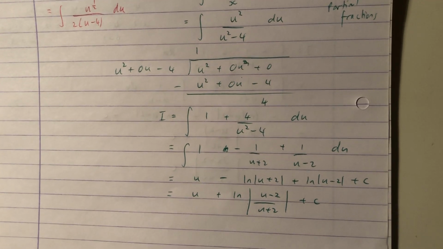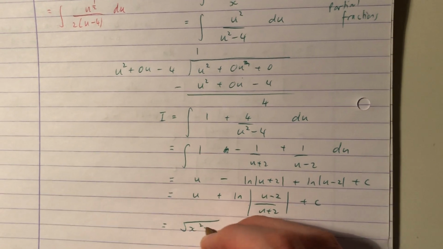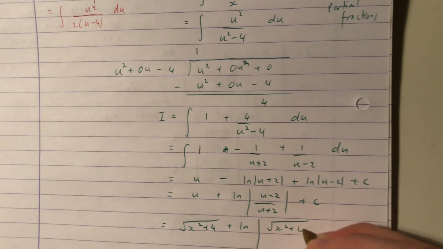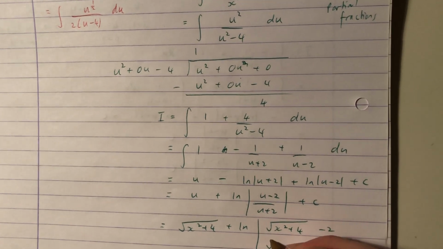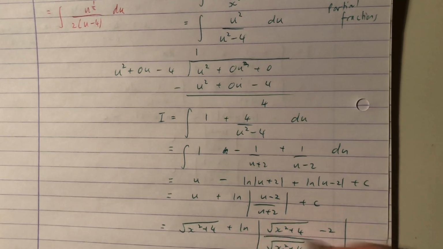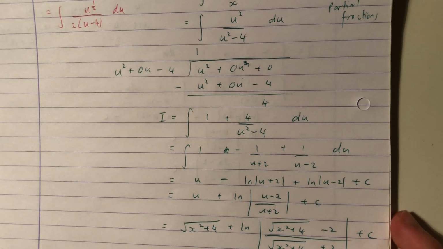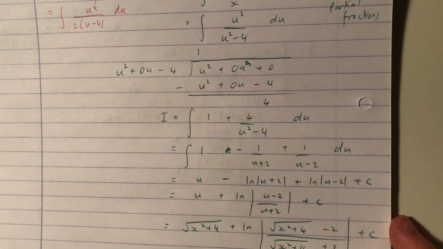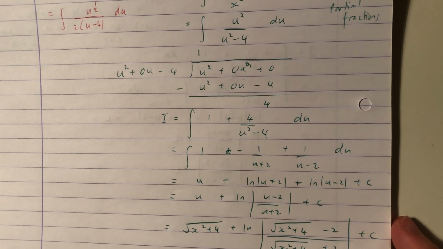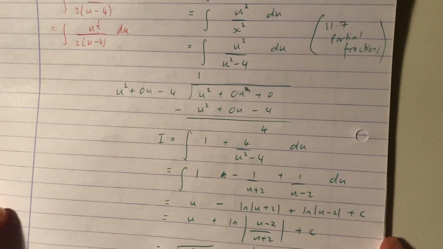And if you want everything in terms of x, it'd be root x squared plus 4 plus ln of root x squared plus 4 minus 2 over root x squared plus 4 plus 2, plus c. So yeah, again, for some reason they're asking you questions which require not only integration by substitution but partial fractions as well. But we'll do more of that in 11.7.